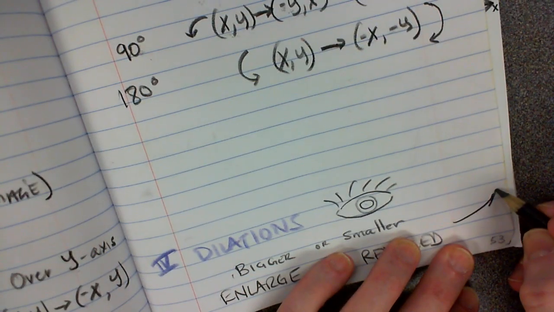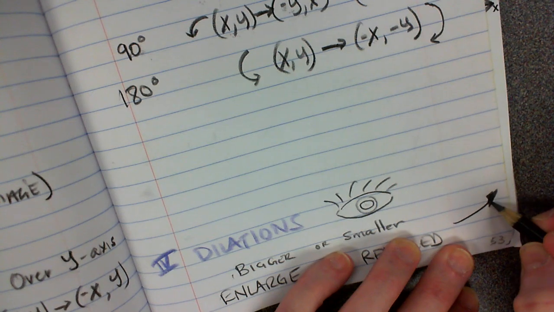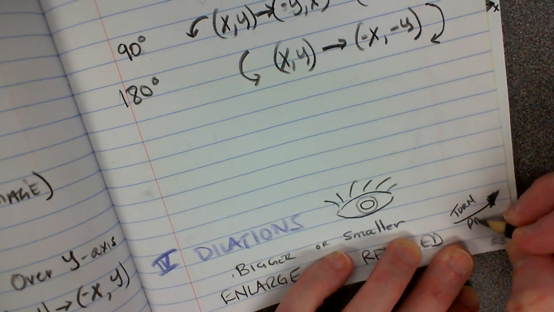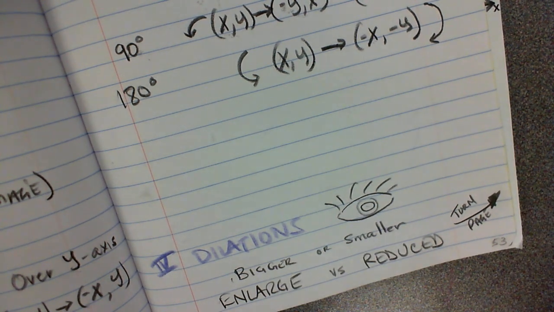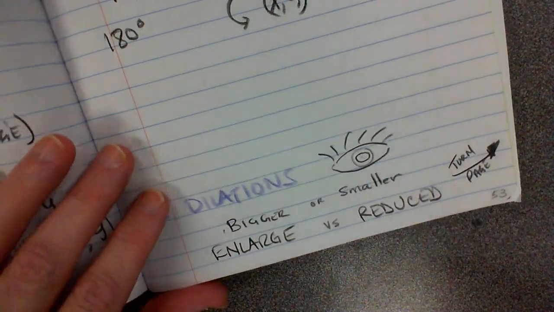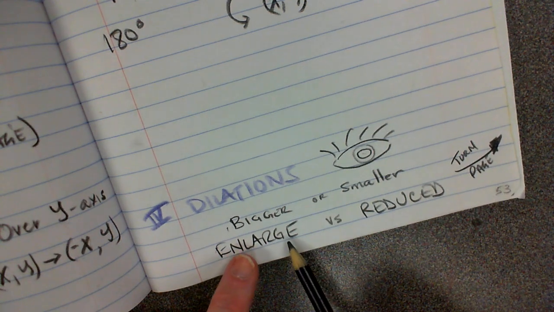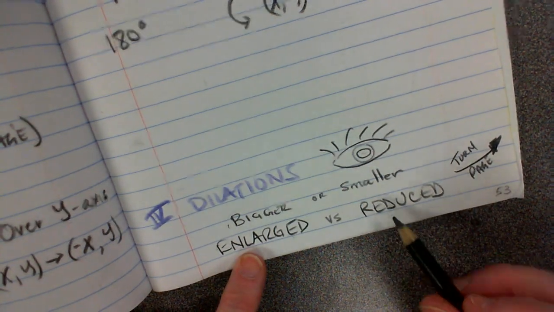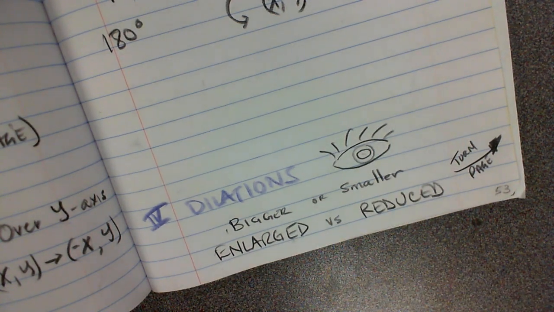And then let's draw an arrow like this and say turn page. So bigger or smaller, we use the words enlarged versus reduced to talk about it getting bigger or smaller.